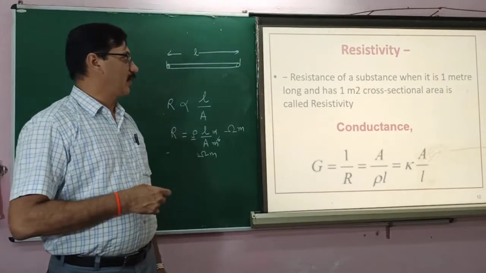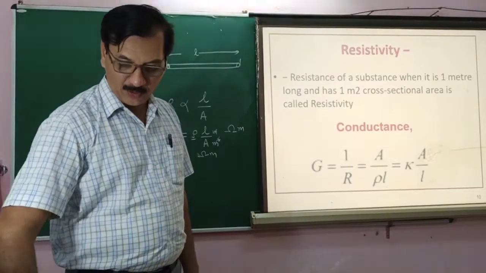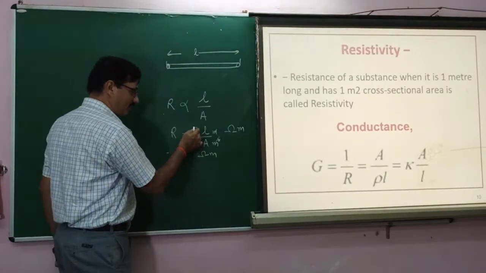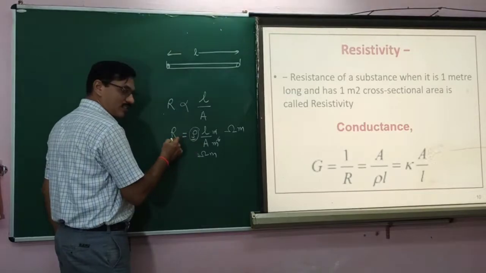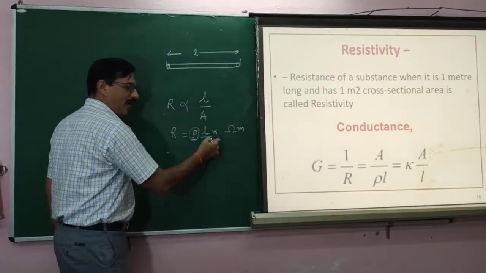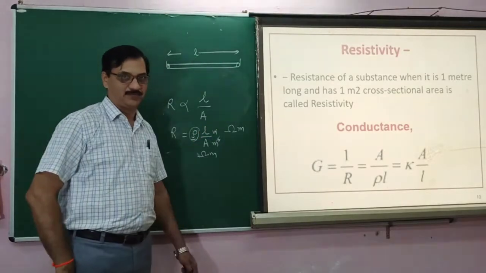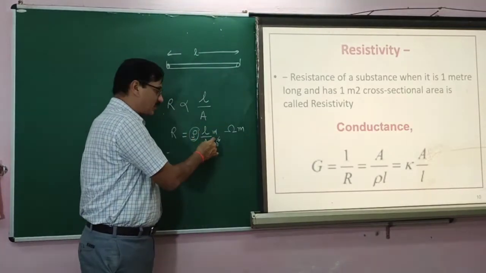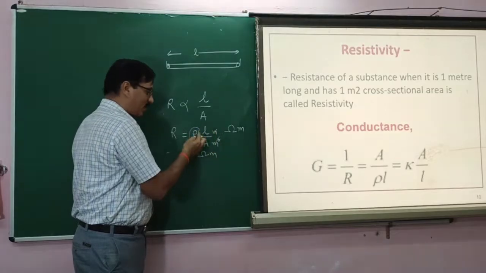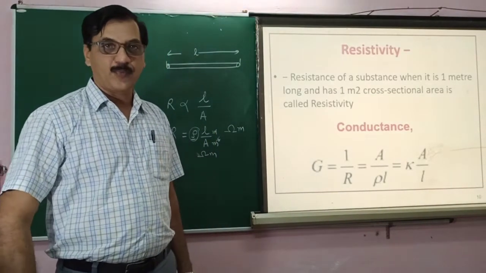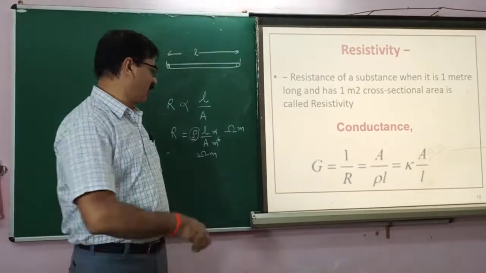How can we define resistivity? Resistivity is equal to resistance when L is equal to 1 and A is equal to 1. If L is equal to 1 and A is equal to 1, this whole quantity becomes 1, then rho is equal to R. That's how we define this proportionality constant.